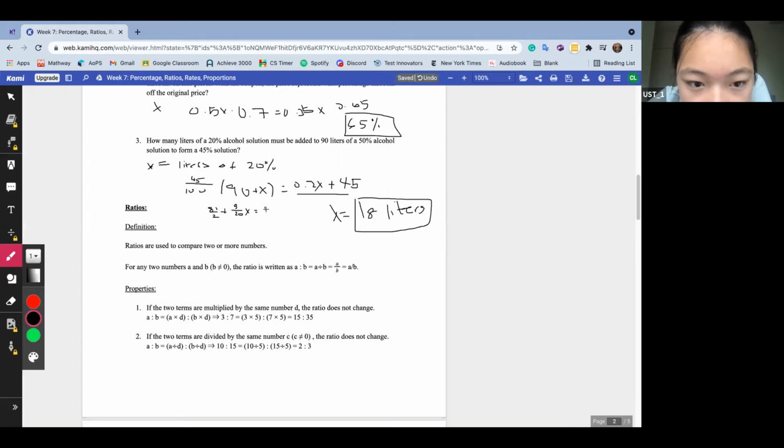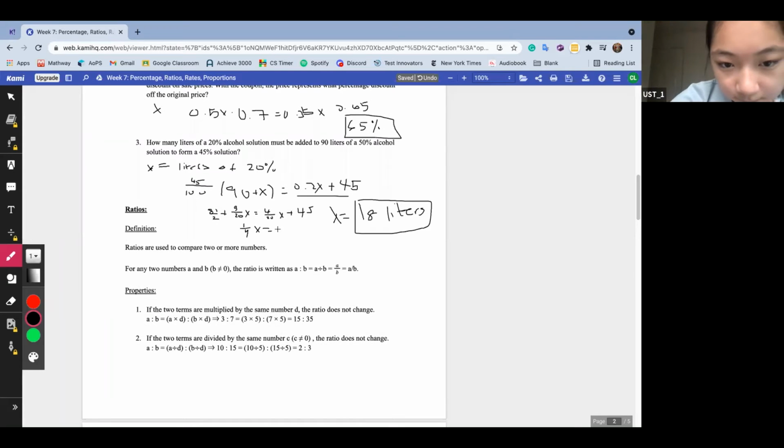I'm going to give it the same denominator as this: 4/20 x plus 45. And over here, you'll get 1/4 x if you subtract 4/20 from both sides. And if you subtract 81/2 from both sides, you can calculate it. You'll get 9/2. And if you multiply both sides by 4, you'll get x equals 18.